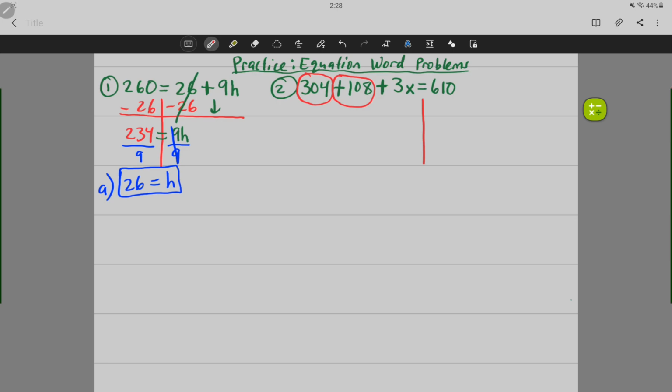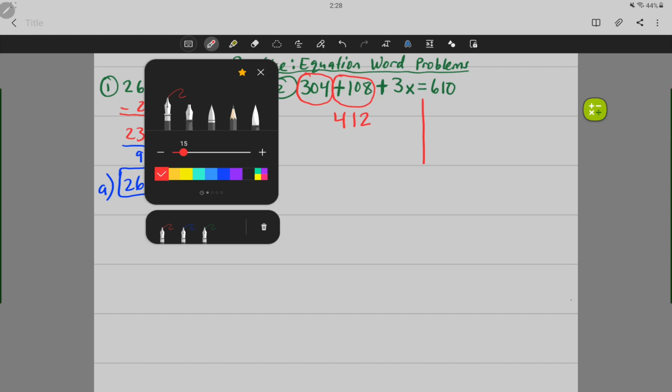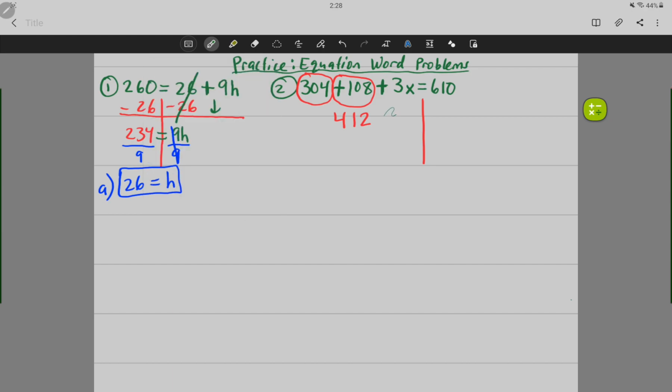This is saying 304 plus 108, which is going to be 412. And bring down the 610. So now from here, we only have two more steps. We're looking to get the x by itself.